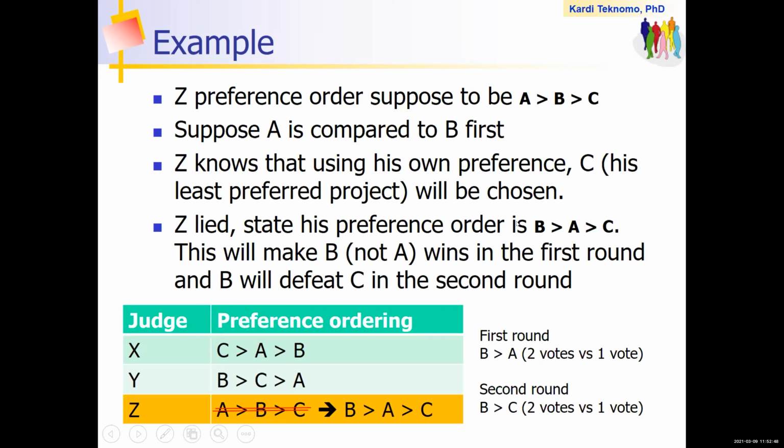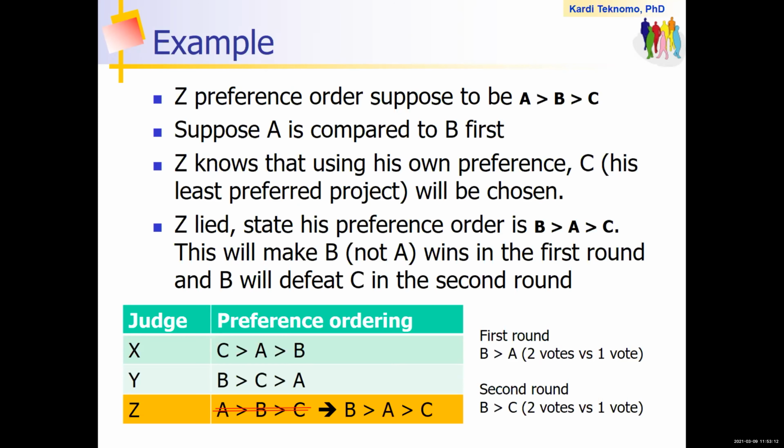Okay, so say the clever group member here is Z. Suppose Z's preference order is A larger than B larger than C, right? Suppose A is compared to B first.